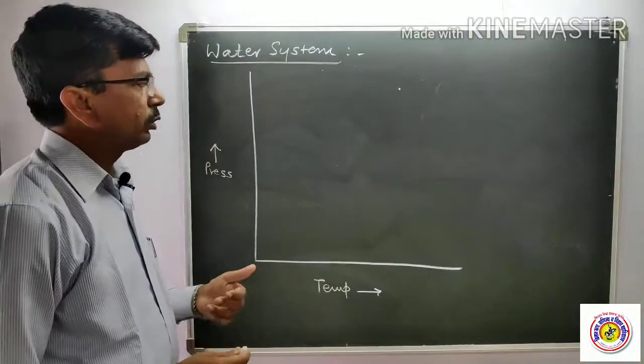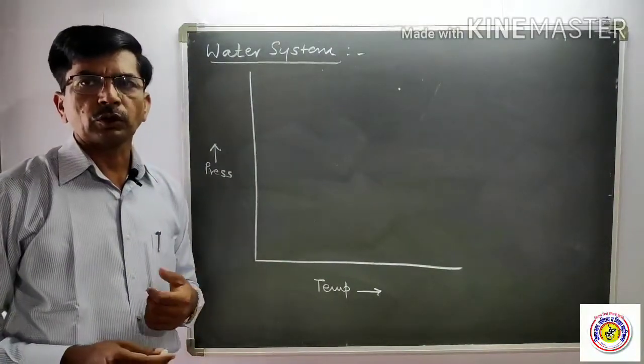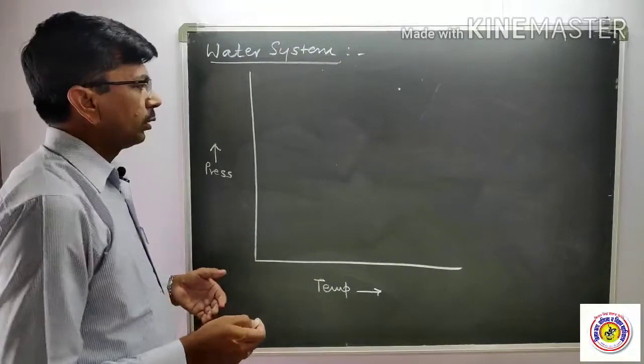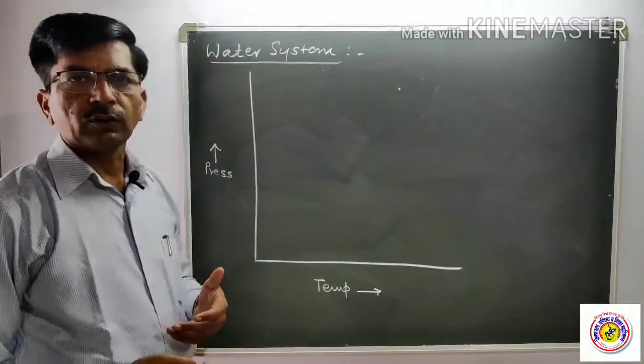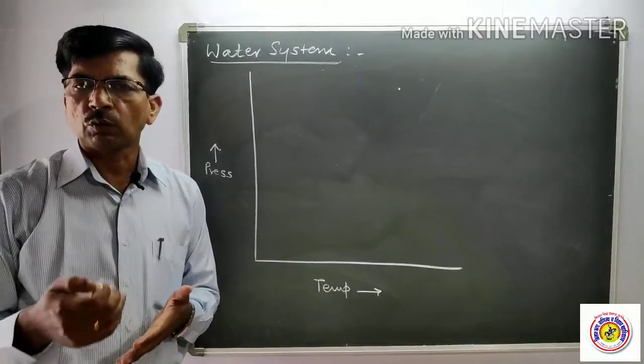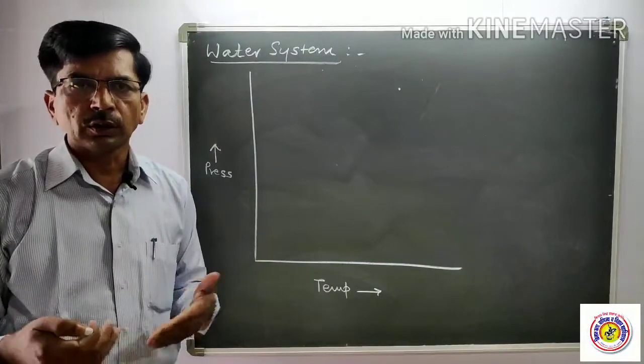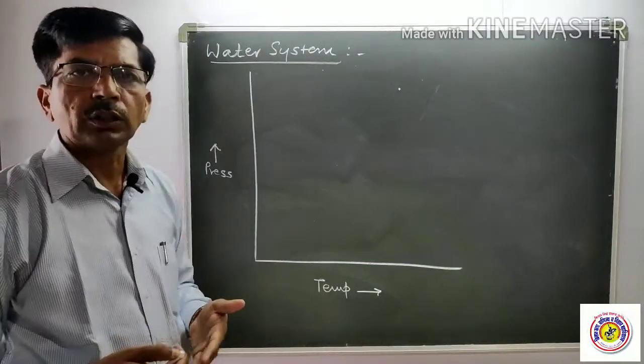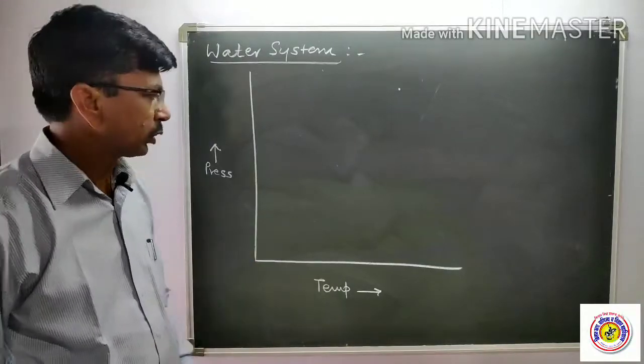This diagram we are going to draw not to scale, but on an approximate level. We have already discussed that there are 3 equilibria: between ice and water, and water and water vapor.